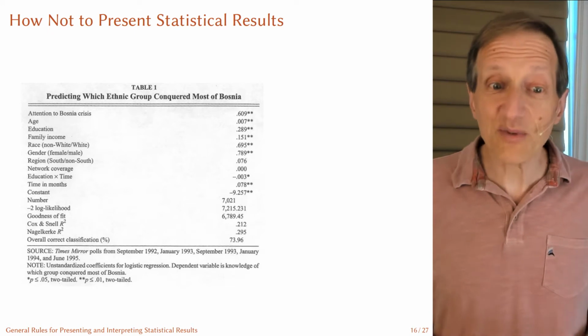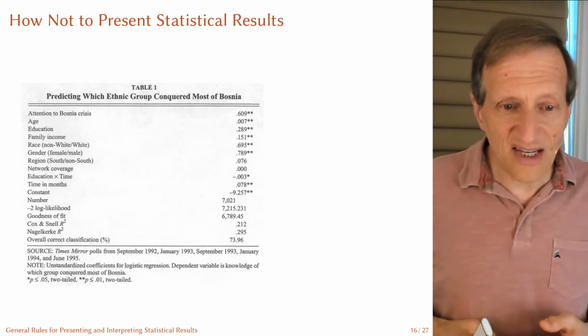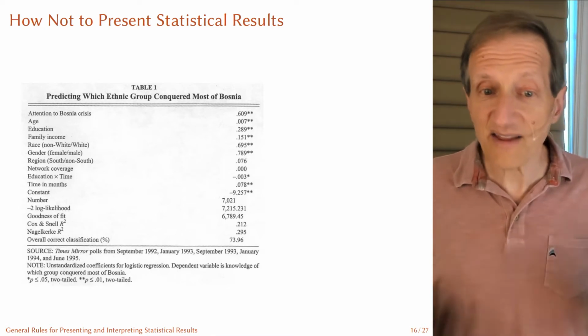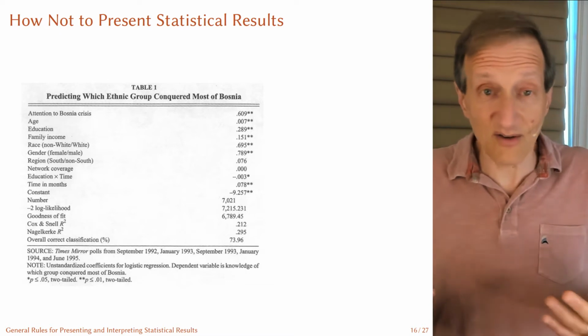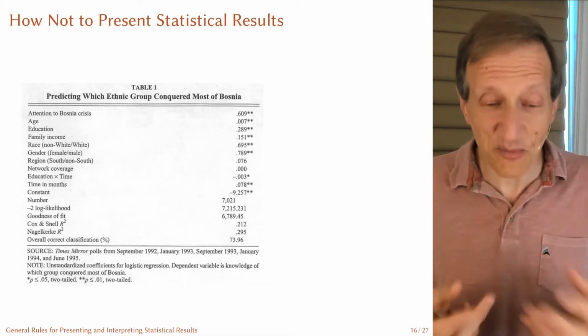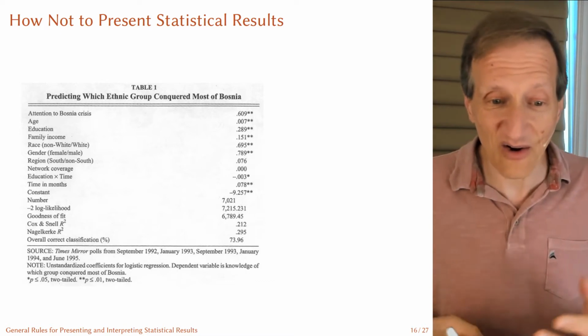So table 1 is predicting which ethnic group conquered most of Bosnia. The dependent variable, I assume, is which ethnic group conquered most of Bosnia. But what's the dependent variable exactly? It's which ethnic group? No, presumably it's one of the ethnic groups rather than another one. Maybe it's binary or maybe it's not.